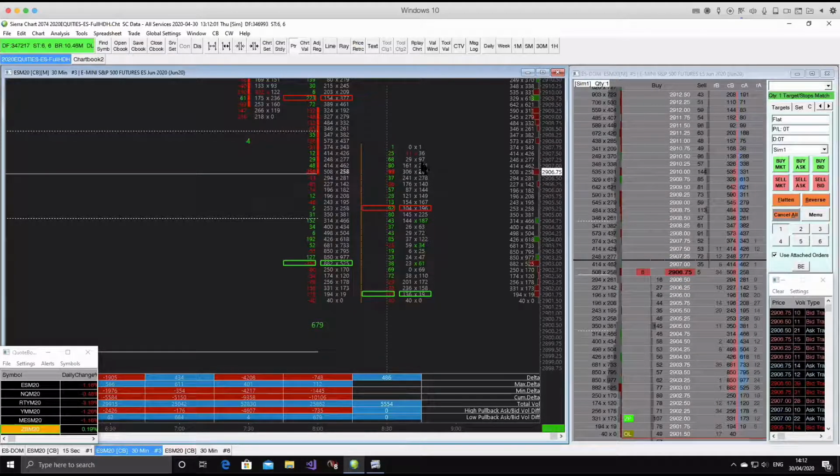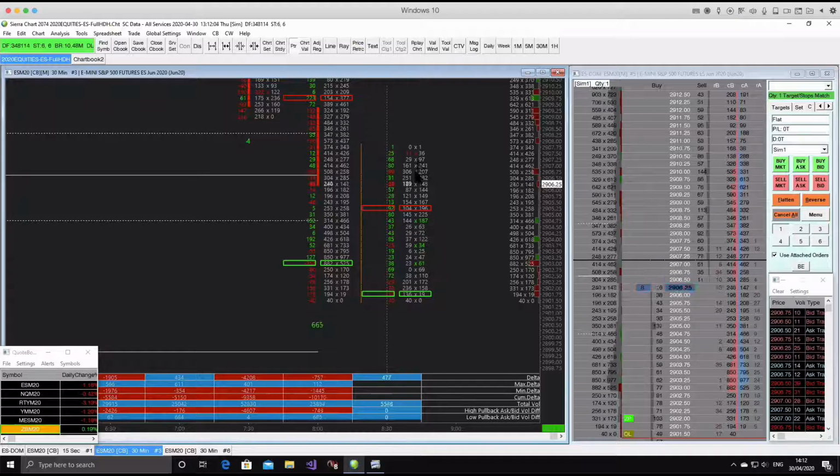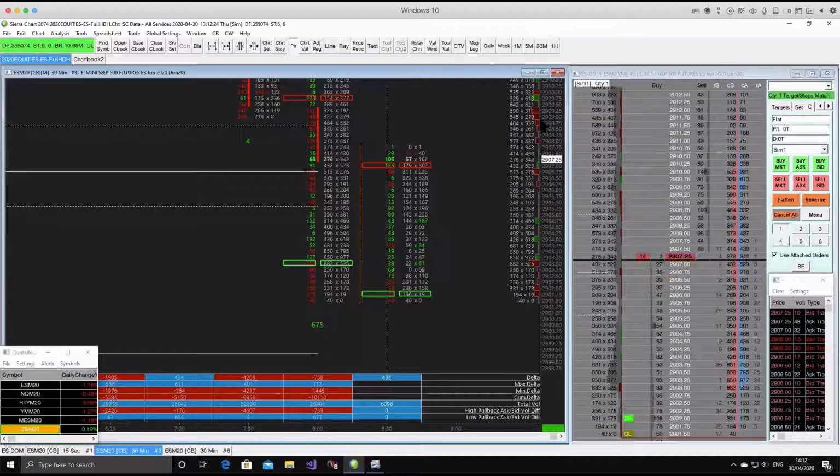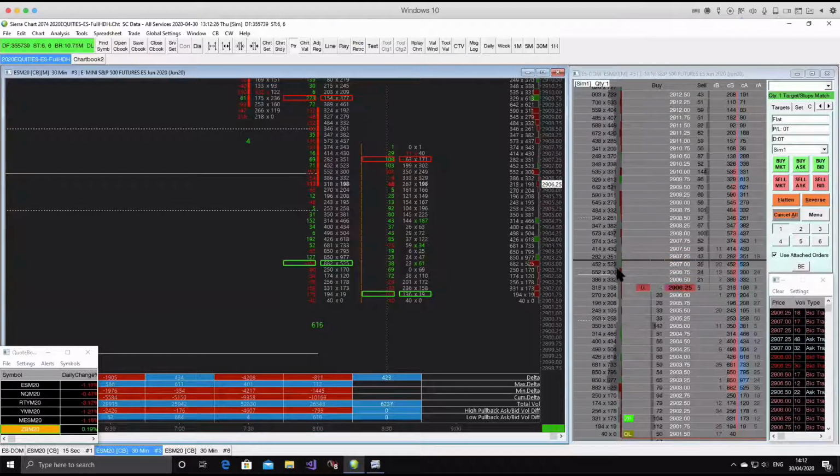I'd be scalping short here. I'd be so protective of this trade. While I might be looking for it to go further down, I'd be mindful of this positive delta. I'd be mindful of this absorption here. I personally am always looking to lean on where the limit orders have won, and I can see that within each 30-minute rotation, and in the session delta profile, which I also paint on the dome.